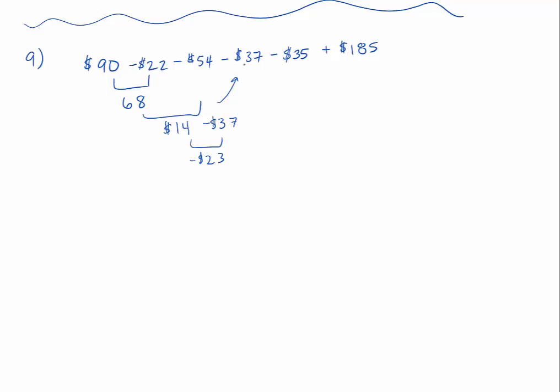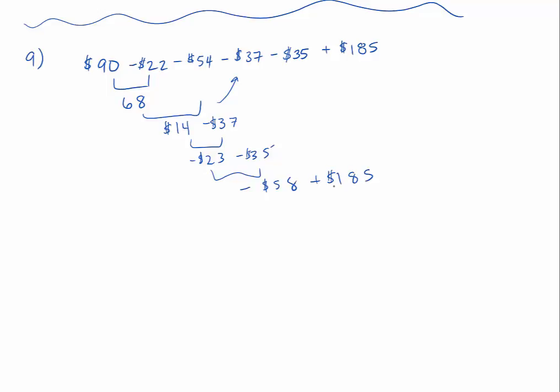So from there, I get a $35 overdraft fee, so now I have to subtract another $35. And when I do that, negative 23 minus 35 is negative 58. And then finally, I am adding $185 to it because I'm depositing, right?